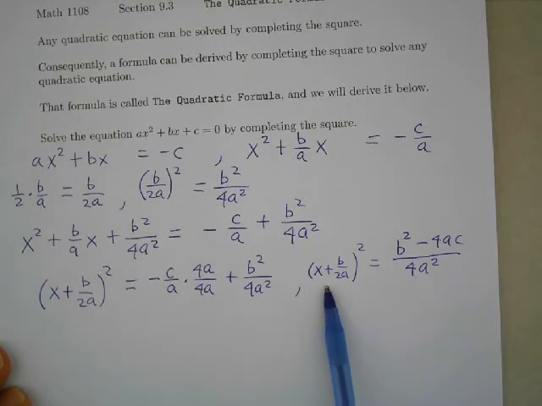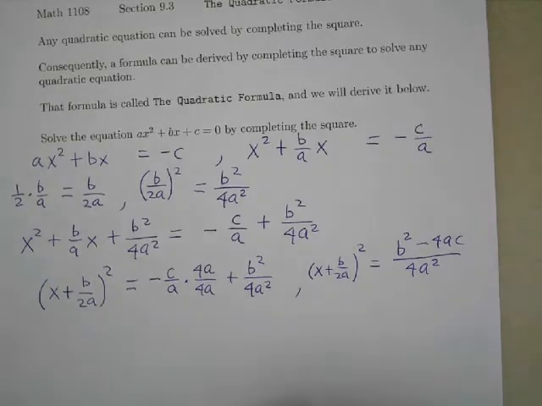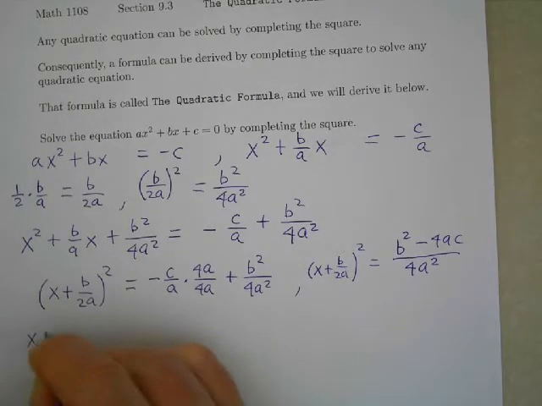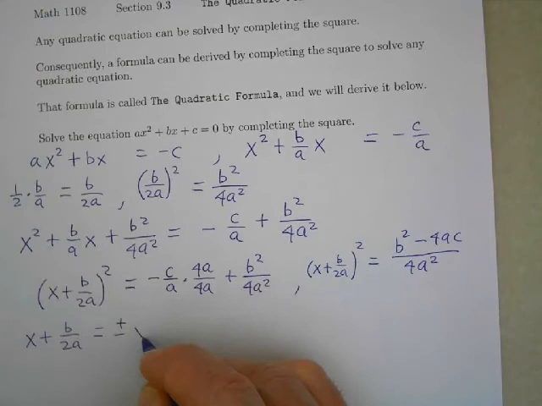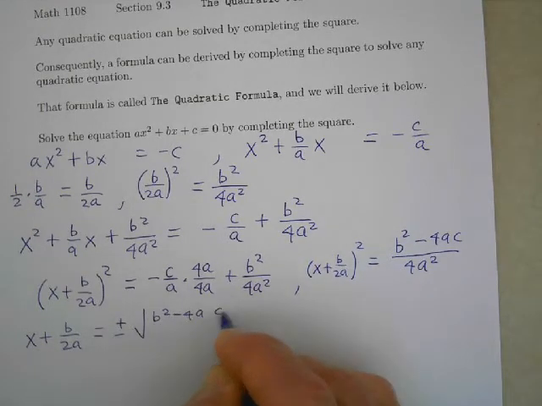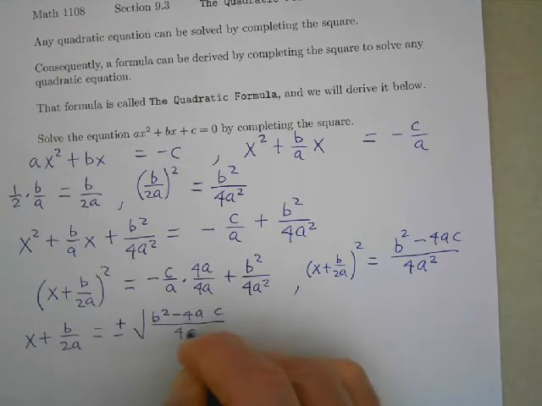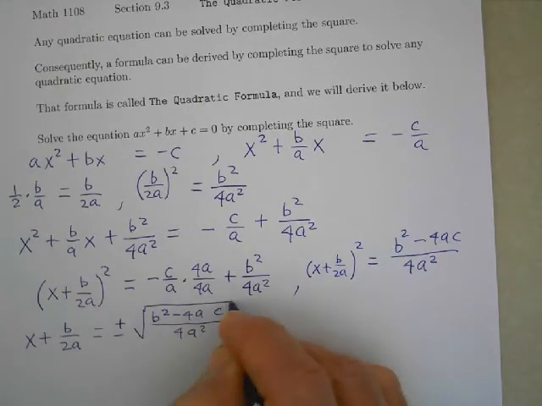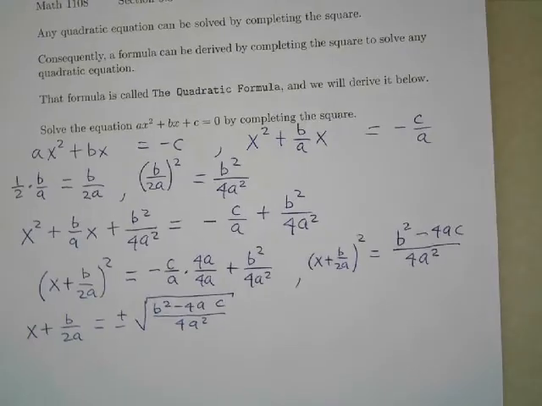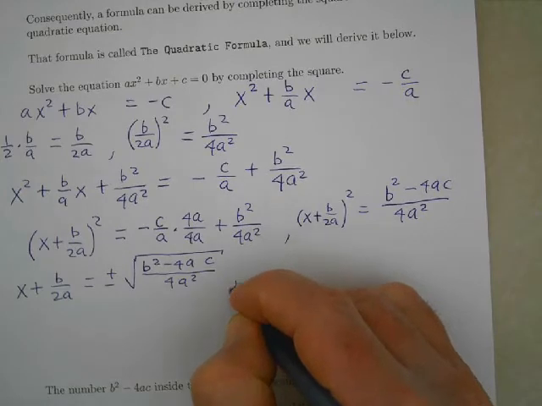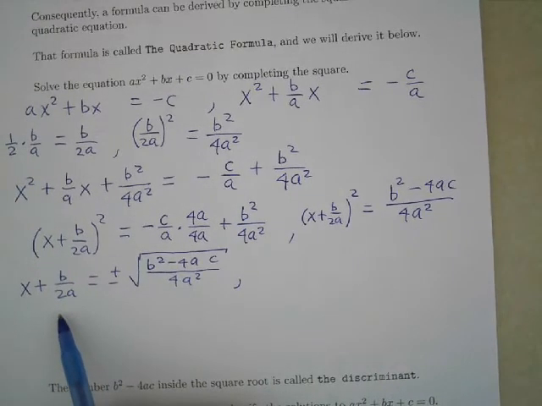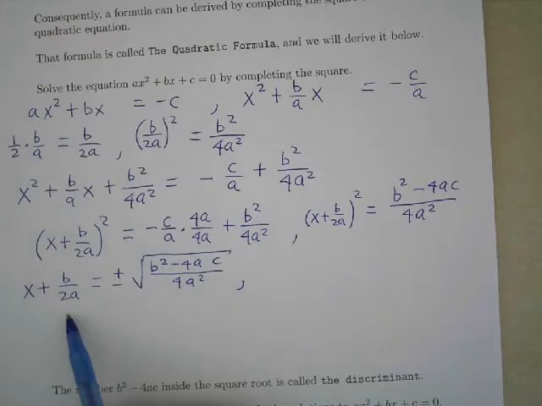When I apply the square root property, I get x plus b over 2a equals positive and negative square root of b squared minus 4ac over 4a squared. In the next step, I'll do two things at once, if that's okay. I'm going to subtract b over 2a from both sides.